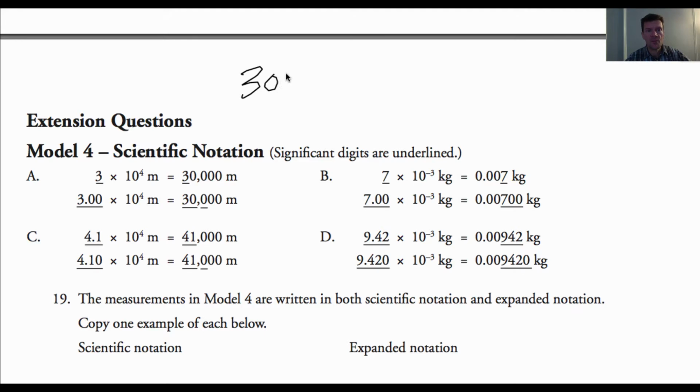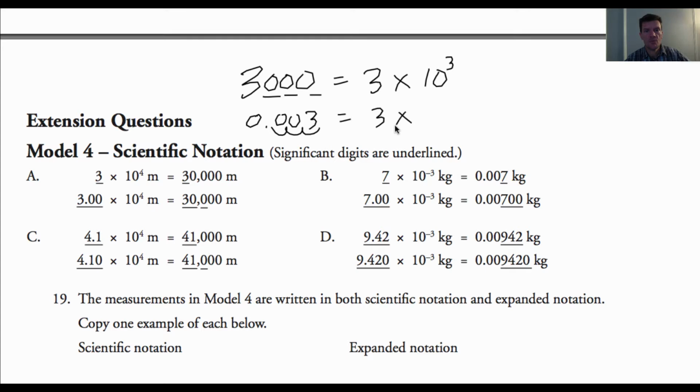If you've got the number 3,000, that means 3 times 10 3 times. So this means 3 times 10 to the third power. If you've got 0.003, that means actually 3 divided by 10, 1, 2, 3 times. And to show division by 10, we use a negative exponent like that.